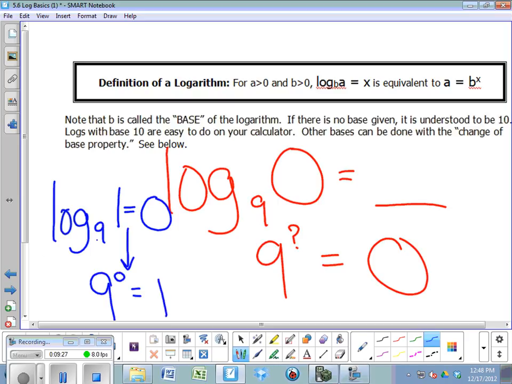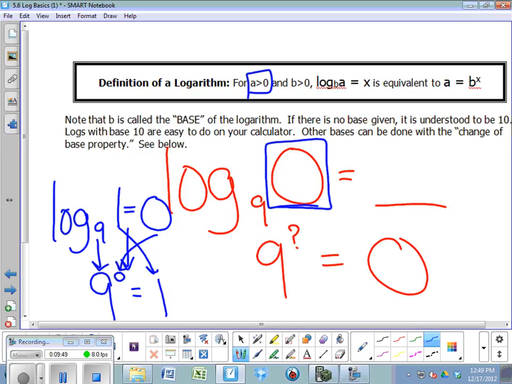Remember, the base goes here, and then the 1 and 0 switch places. That's a true statement. This is saying that what you're logging, this thing here, must be bigger than 0. So what numbers are disallowed, are not allowed? 0 and negative numbers.